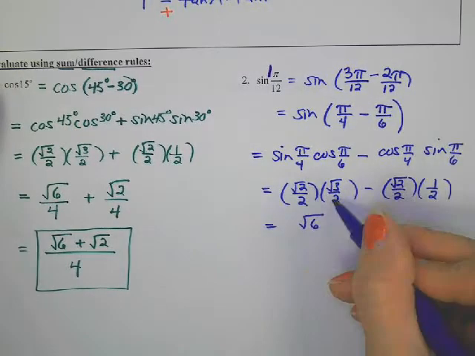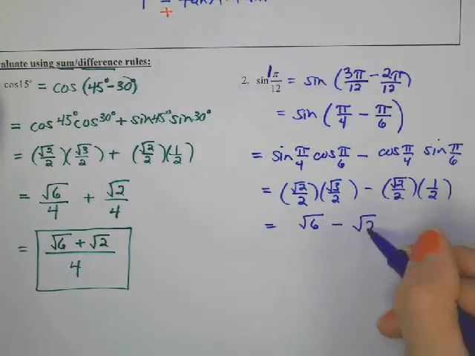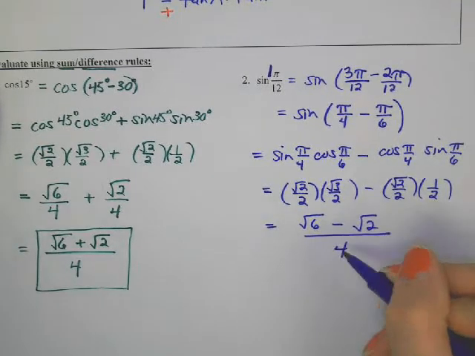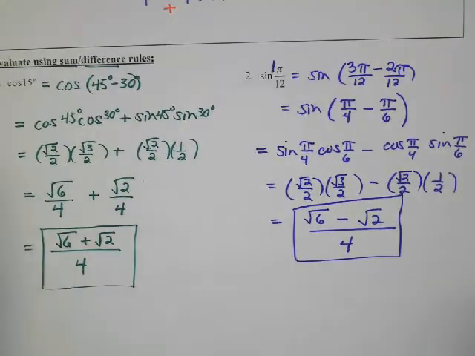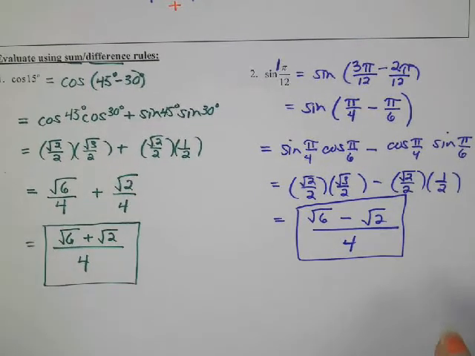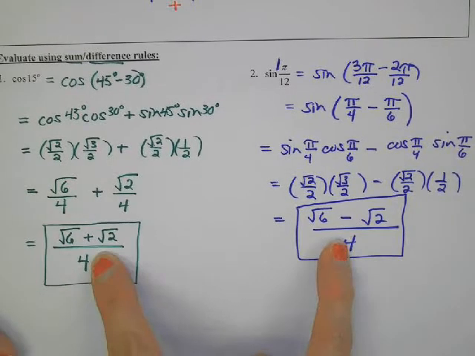Radical 6 over 4 minus radical 2 over 4. Common denominator is 4. Some people tell me when they're doing these problems, a lot of their answers start to look alike. I always get radical 6's and radical 2's. Well, the unit circle has a lot of the same fractions, remember? Radical 3 over 2, radical 2 over 2, and 1/2. So a lot of the answers will look similar, but these are very different.